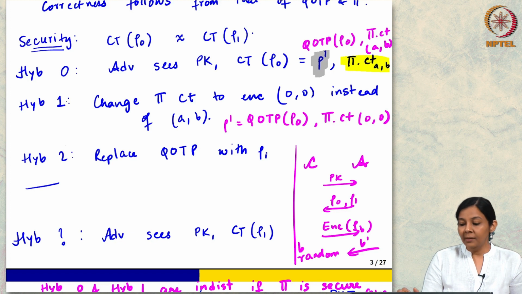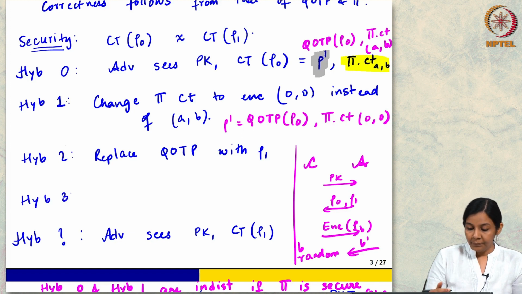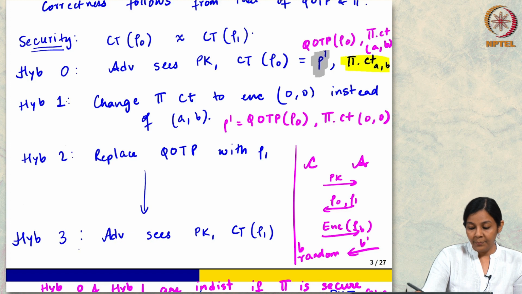At this juncture I can do this because there is no longer any dependence between the QOTP and the pi ciphertext. In the next hybrid, actually this can be my final hybrid. So, now I can just go directly to hybrid 3.